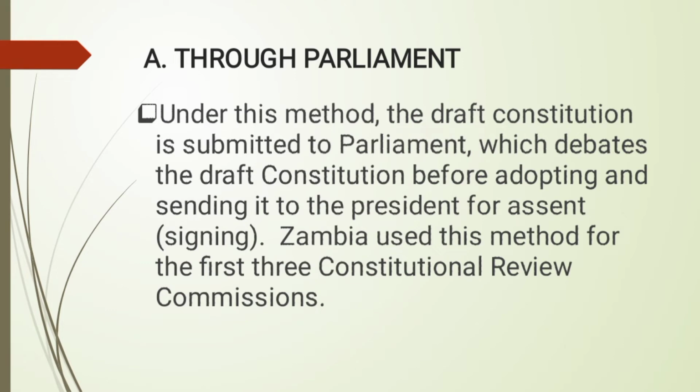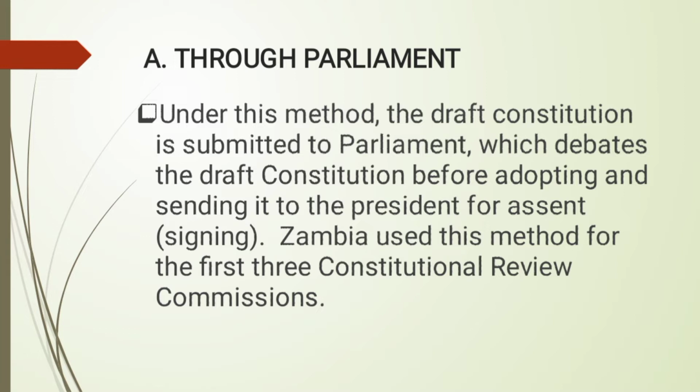So under this method, the draft constitution is submitted to parliament. Remember, when the CRC collects views from citizens, they come up with a draft constitution. So that draft constitution is submitted to parliament, which debates the draft constitution before adopting and sending it to the president for assent.